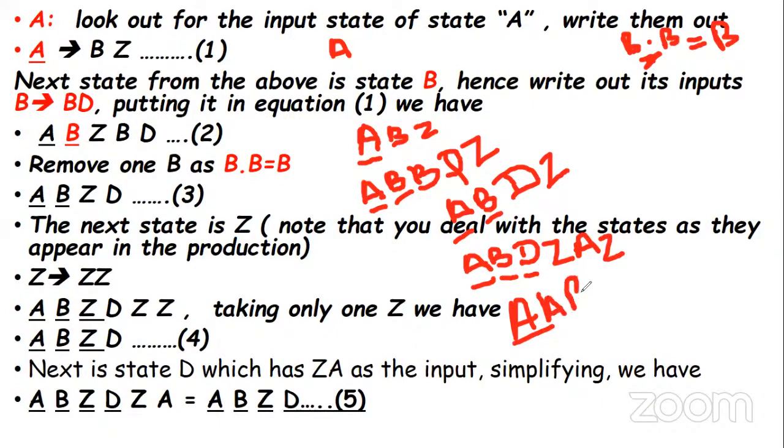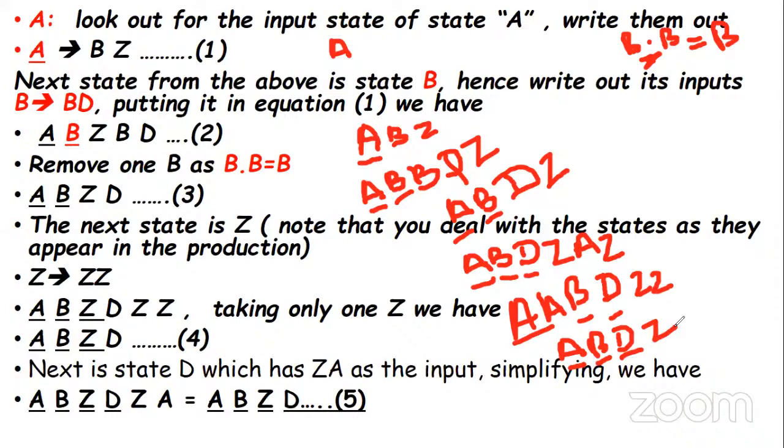You have B that has been processed, then D that is being processed, then Z, Z. Do you understand what we have done? We just rearranged so that all those repetitions come very close. So here, A dot A gives just one A that has been processed. Then we have B processed, D processed. Then Z dot Z is what?